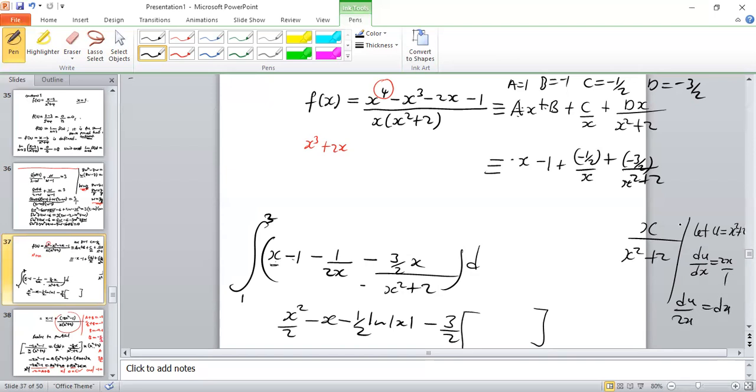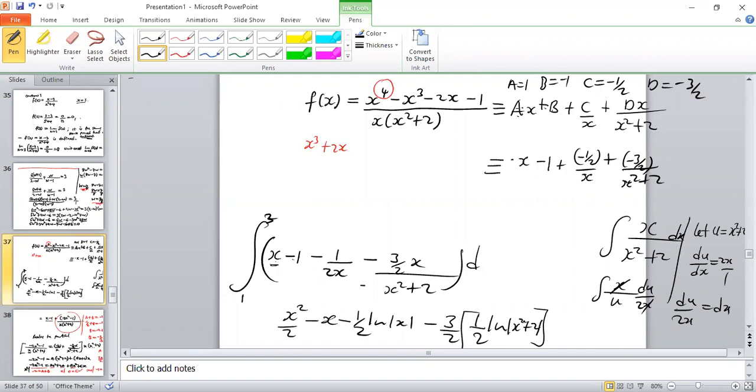So we have it like that as we are integrating. We are going to have x over u, then we replace dx with du over 2x. Then the x's cancel, so the 2 is a constant. So we have 1 over 2, the natural log of u, and our u in this case is x squared plus 2.